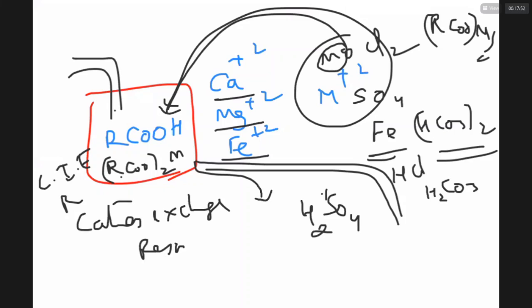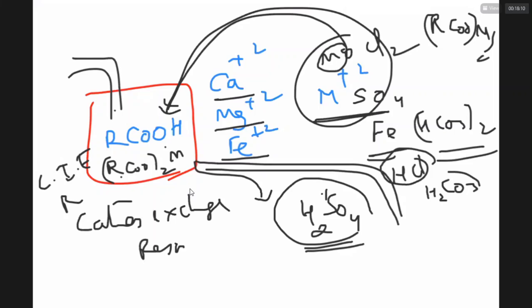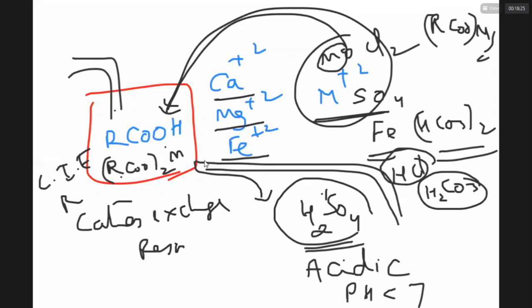So if your hardness is caused by calcium sulfate, calcium is taken over by cation exchange resin and H⁺ are given out. So the outcoming water from the cation exchange resin contains acids like sulfuric acid, HCl, H2CO3. So the outcoming water is acidic, which is free from metal ions. The pH of the outcoming water is less than 7 because any acid will have pH less than 7.